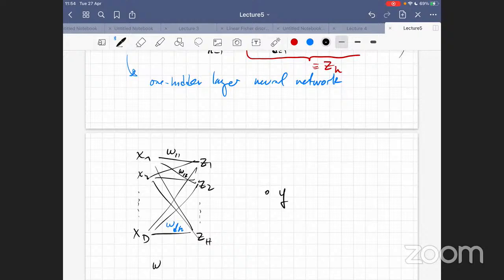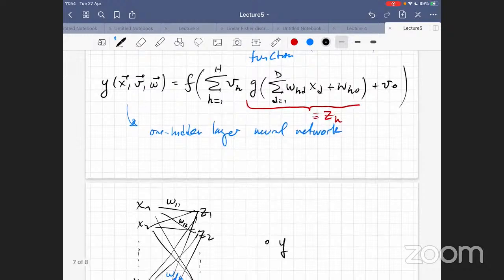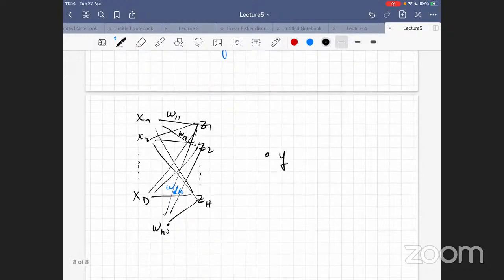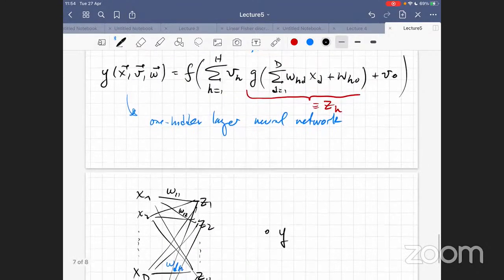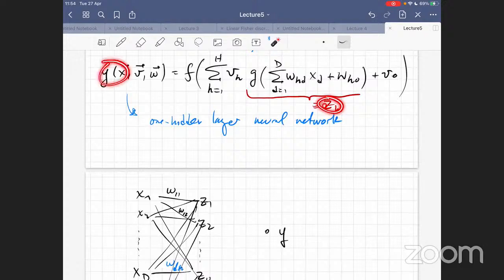I will put here h0, and this intercept is affecting all these zh values. Then going from z to the final output, I need to do exactly the same, but with these weights and this intercept.